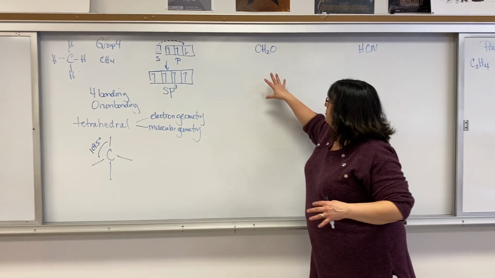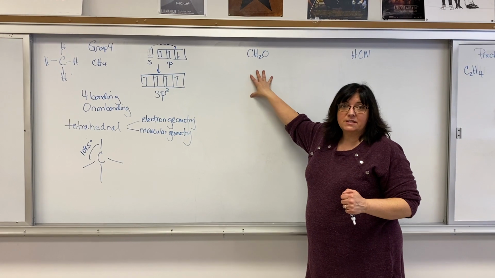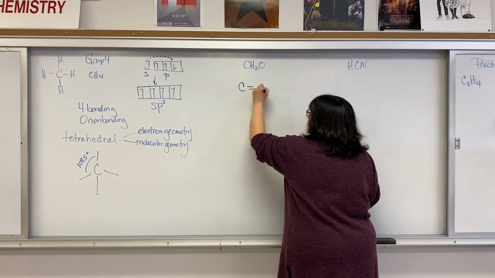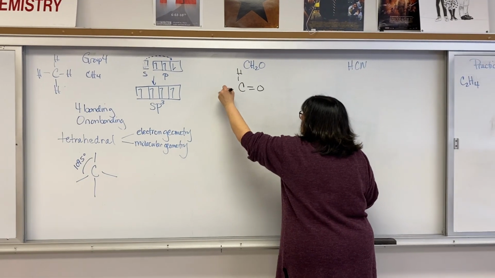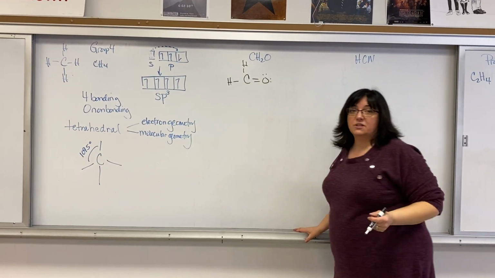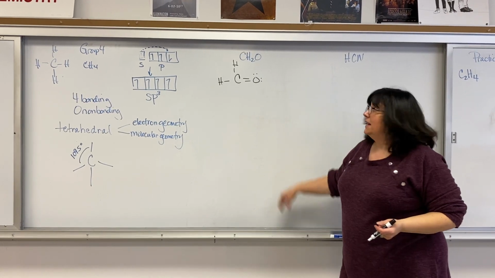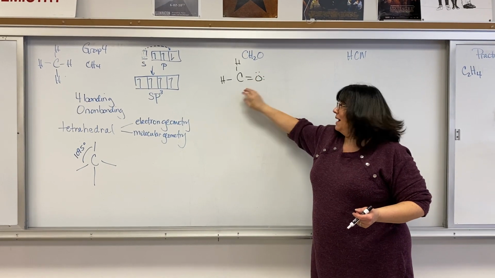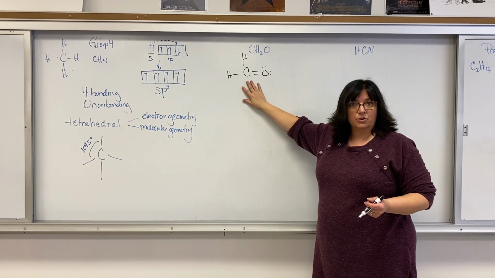Okay, so I've got a couple up here that I want to do. CH2O. So if we do the Lewis structure, hopefully you realize that there's a double bond between the carbon and the oxygen. Now, these non-bonding orbitals on oxygen aren't going to matter because it's the central atom shape that we're concerned about.